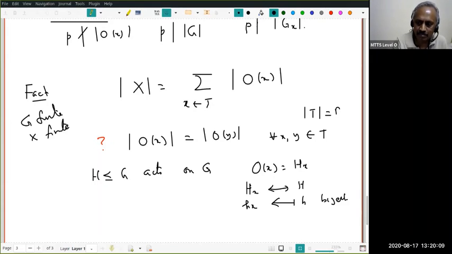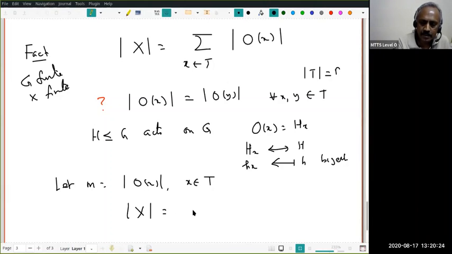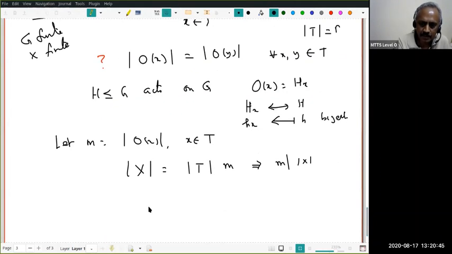Call that number M. Let M equal the order of the orbit of X for every X in T. Then I have mod X equal to the number of elements in T times M. What does this say? M divides the order of X, the number of elements in X. Is that clear?